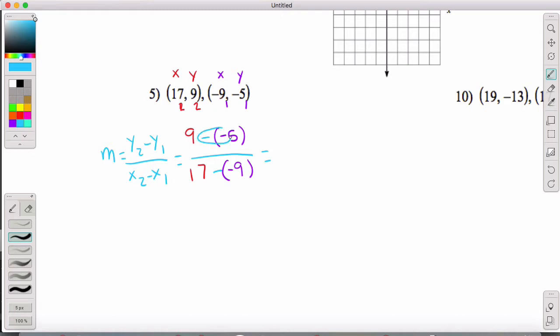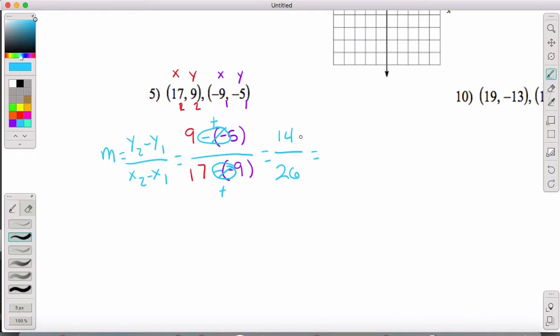Another way to show this is by circling them, crossing them out, and putting a plus sign. So you can see that these are going away and you're adding them instead. So 9 plus 5 is going to give me 14 over 17 plus 9, which is going to give me 26.